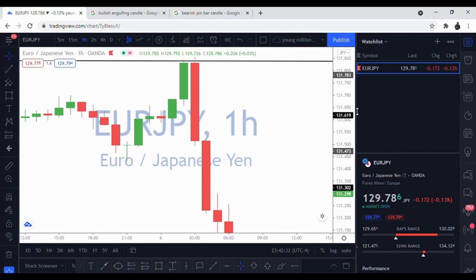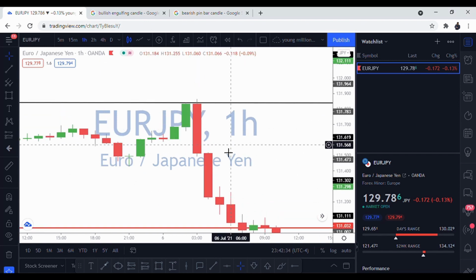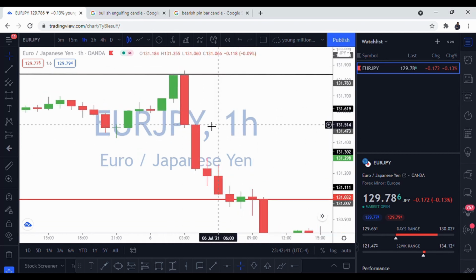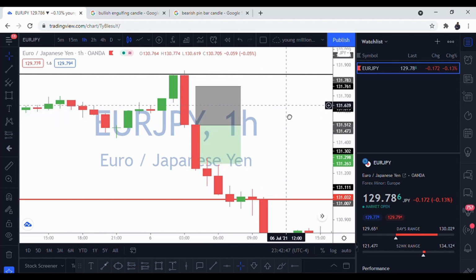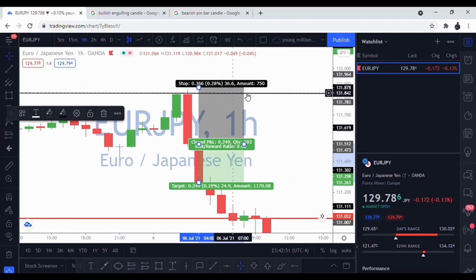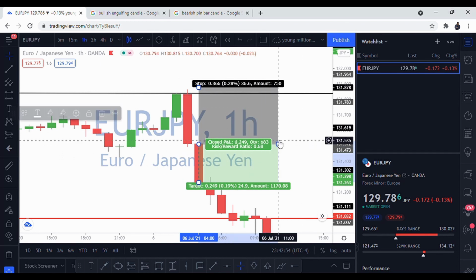And we would enter maybe after this close, so we get confirmation that price is going to continue to go down after it closes below. So we would simply do our basic mojo. This is an example. I wouldn't use this amount of lot size, I'd probably go down to a smaller time frame, but just saying.